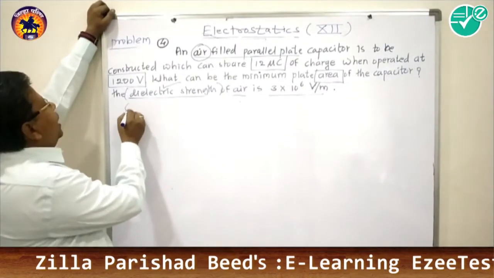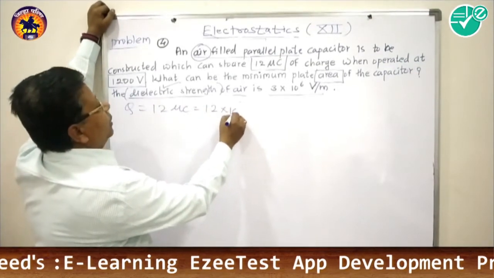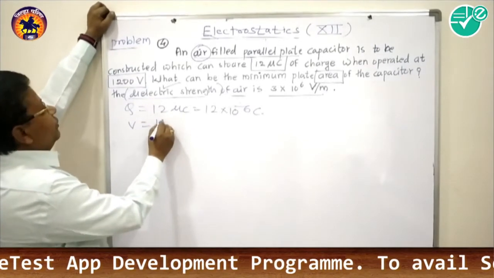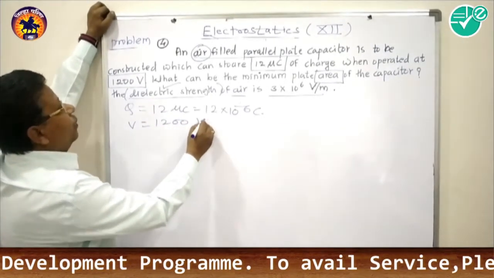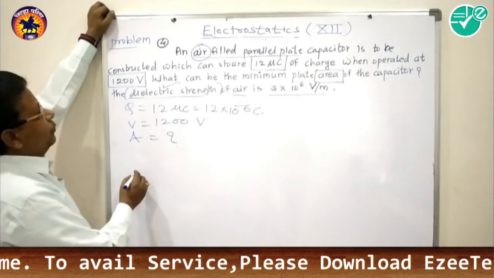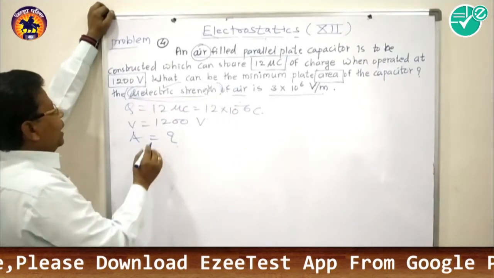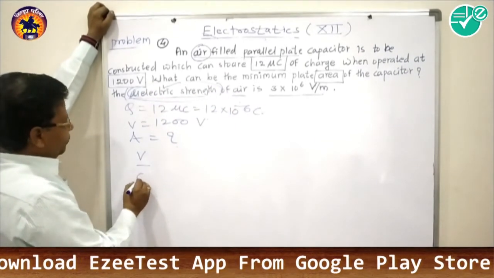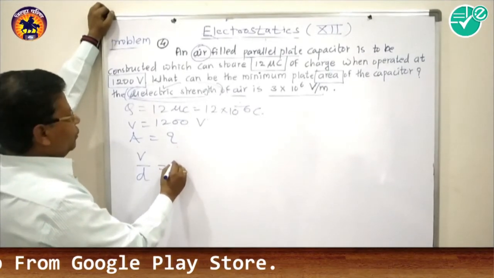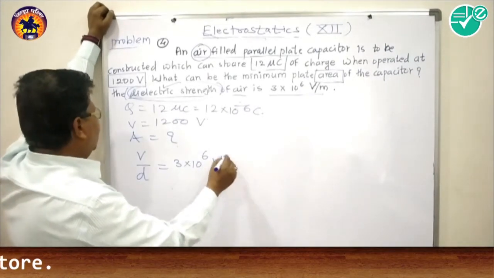So in this problem, charge is given, which is 12 microcoulomb, which is equal to 12 into 10 to the power minus 6 coulomb. And V is given, which is 1200 volt. Again, we want to find the area, and dielectric strength is provided, which means we have V by d equal to 3 into 10 to the power 6 volt per meter.